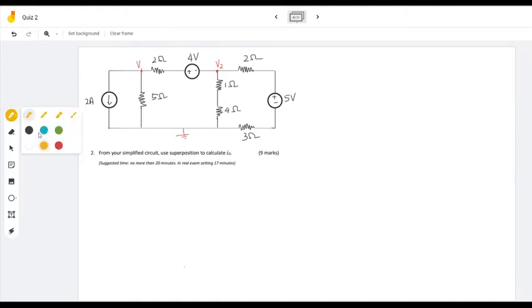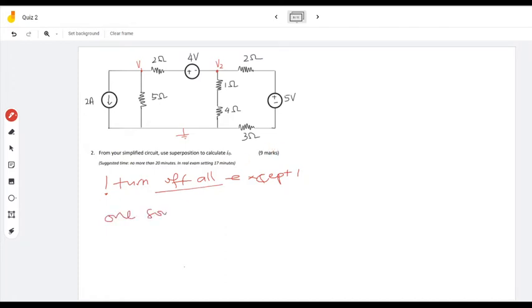Remember I mentioned to you, you turn off all except 1. It means you should only have one source at a time. Only one source at a time.